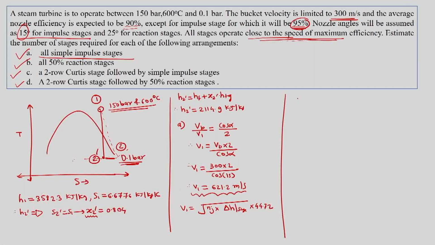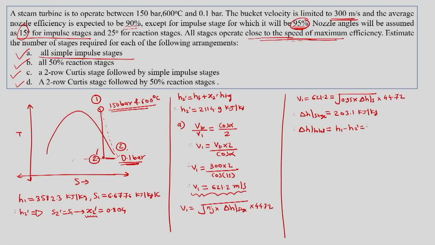So V1, which is 621.2, is equal to 0.95 into delta H stage into 44.72, and this gives us delta H stage as 203.1 kilojoule per kg.